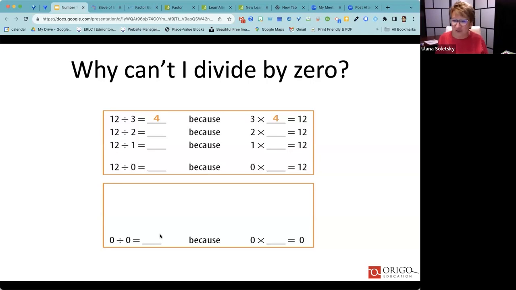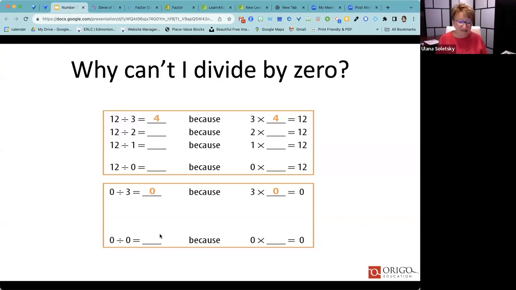Whereas, can I do this? What would I multiply 0 by to get 12? So I can't divide by 0. But 0 divided by 3 is 0. Why? Because if I multiply 3 by 0, I get 0.